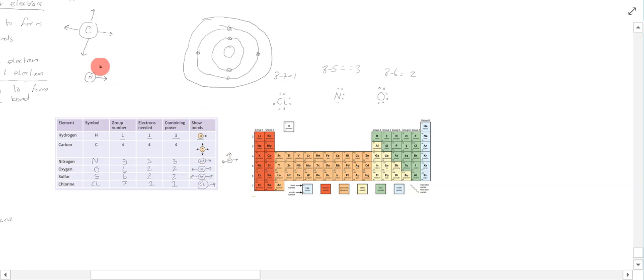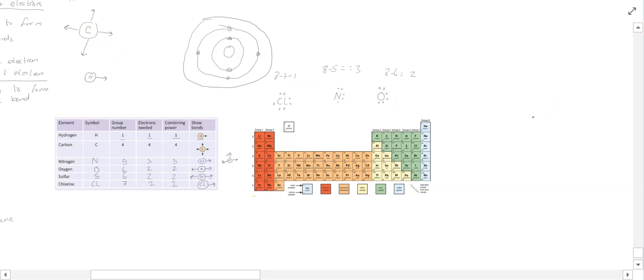And we've seen that if we take carbon and hydrogen, hydrogen, for example, is group 1 on the periodic table. It has 1 electron in its outer shell. So hydrogen can form 1 bond. So if you wanted to combine carbon and hydrogen together, you would need 4 hydrogens for every 1 carbon.